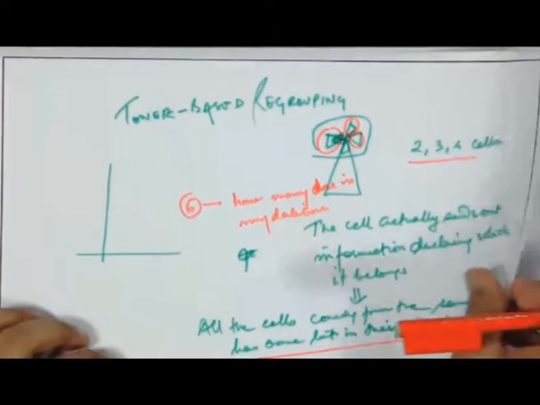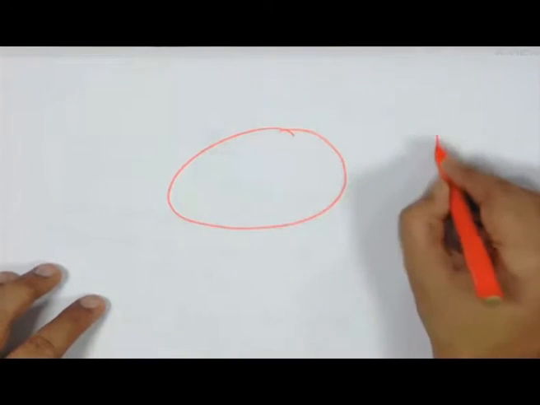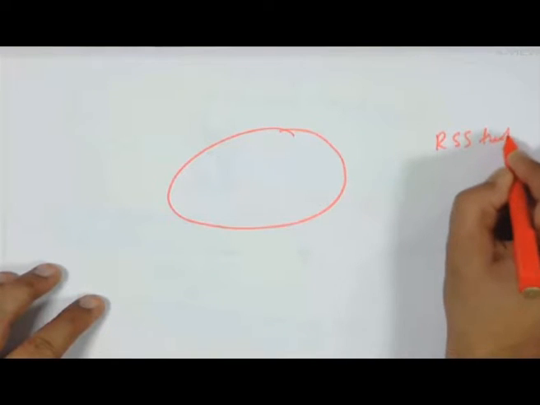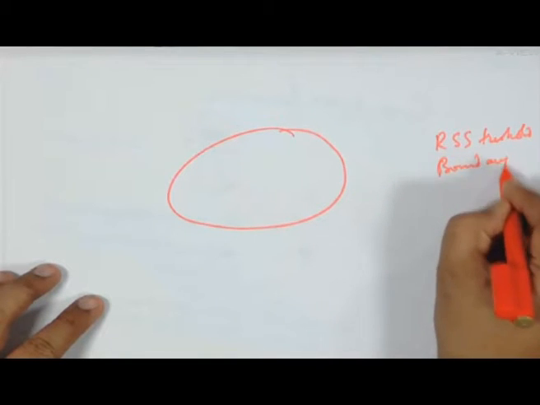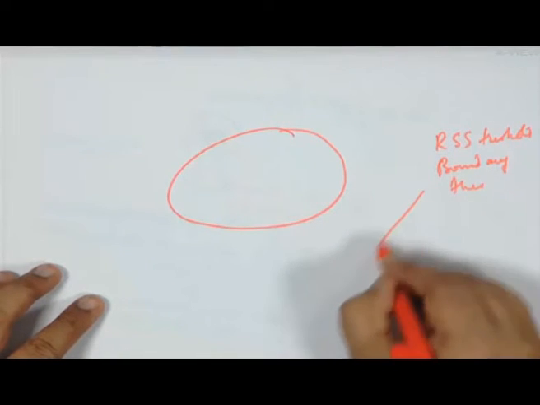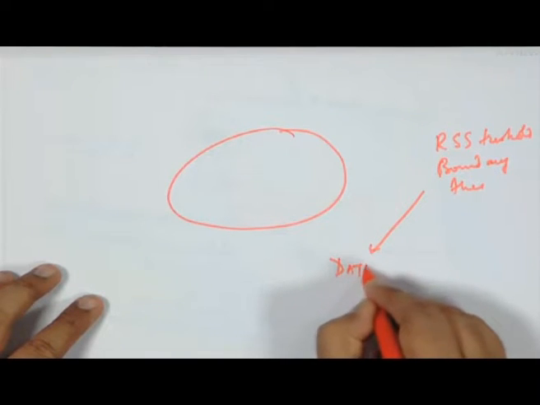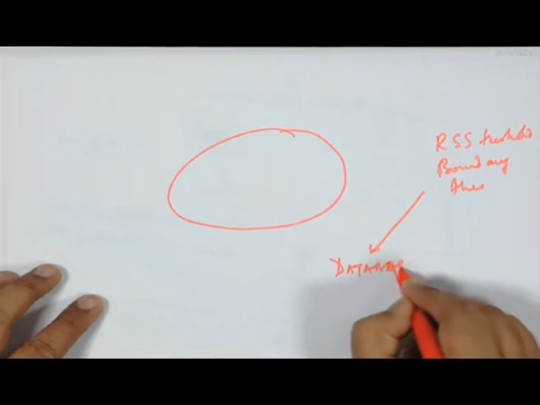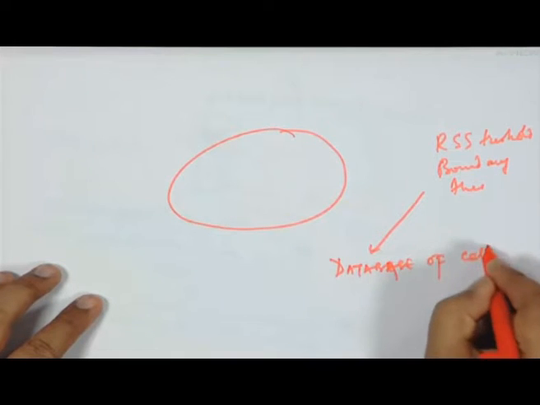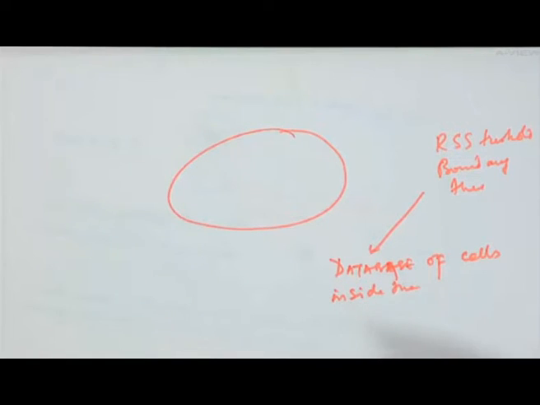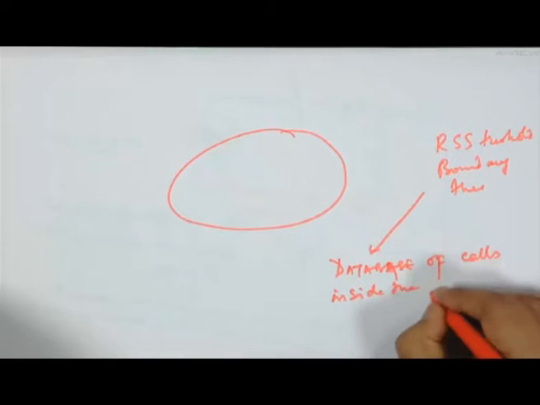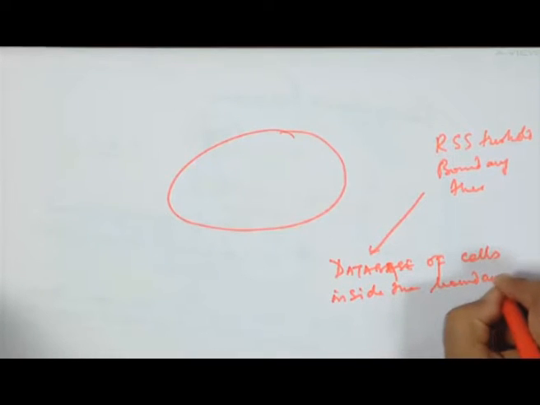So what is happening is I have a bounding box. I am doing RSS thresholding, and I am doing boundary thresholding. Then I am creating a database of cells inside the bounding box.